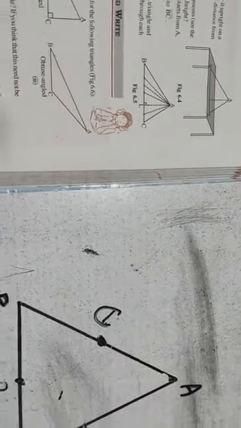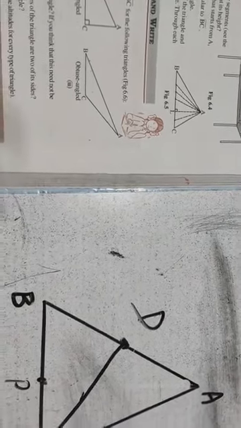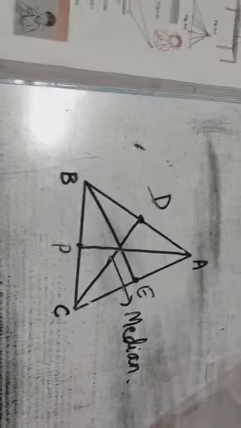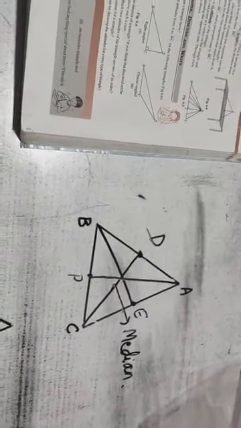This point is D. The line joining D to the opposite vertex is also a median. Similarly, there will be one more median that joins B to the midpoint of AC, that is E. So we can conclude that in a triangle there are three medians.